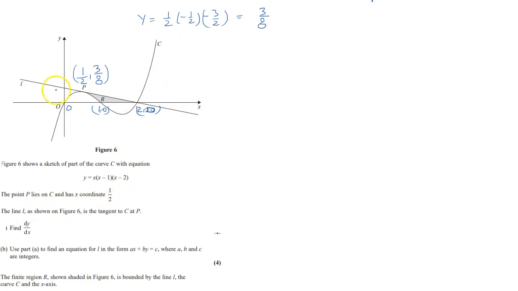L1 as shown in this figure, this is the line L1. Find dy over dx. So let's go to part A. Dy over dx. So first, what is y? We have to multiply this.